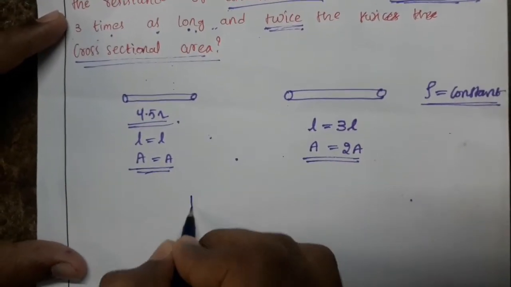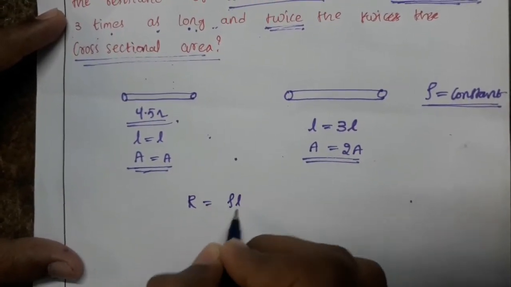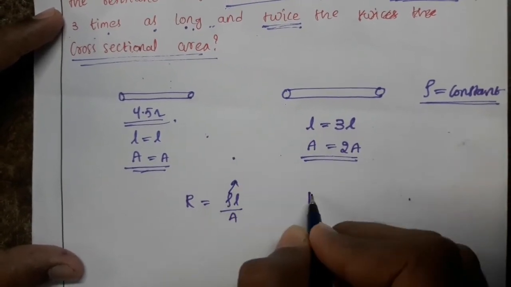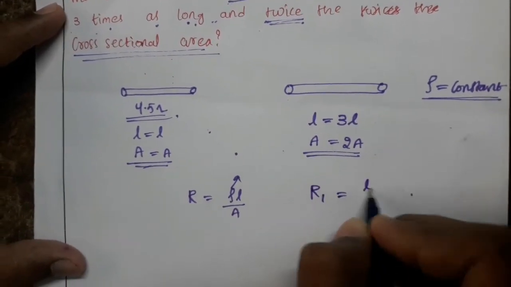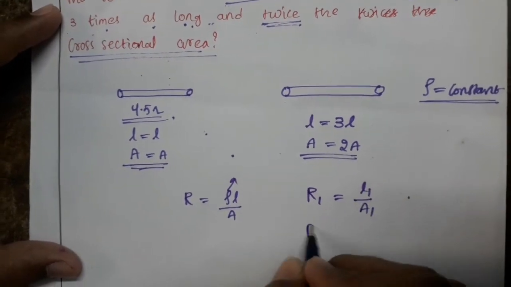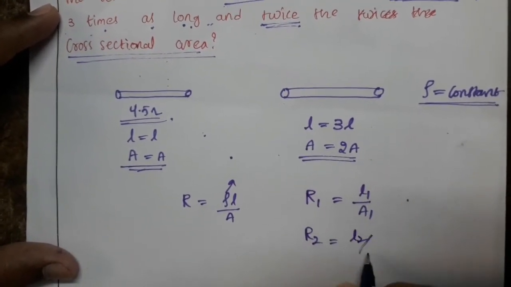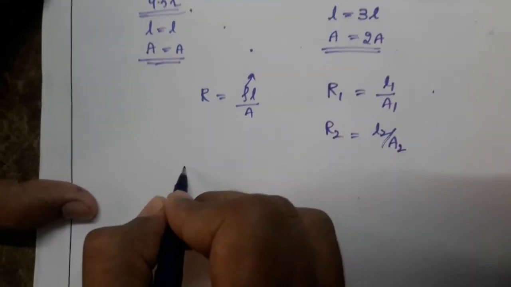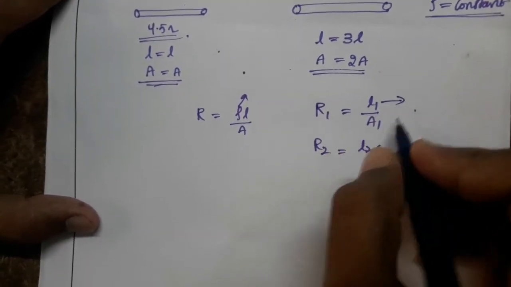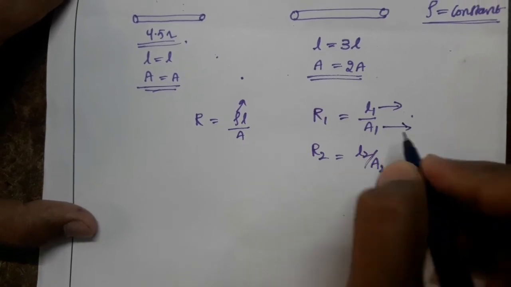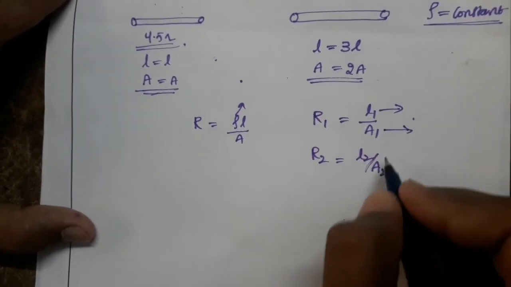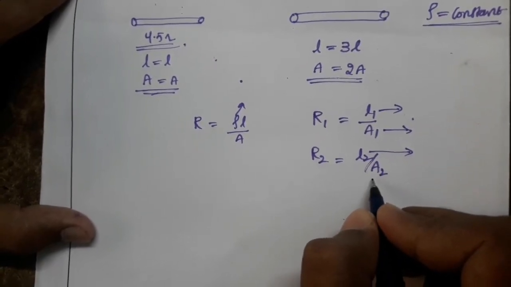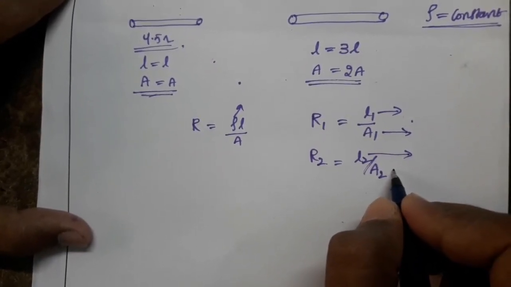We know R equals rho L by A. From this, rho is constant, therefore R1 equals rho L1 by A1, R2 equals rho L2 by A2. L1 is length of the first wire, A1 is area of cross section of the first wire, L2 is length of the other wire, A2 is area of cross section of the second wire.